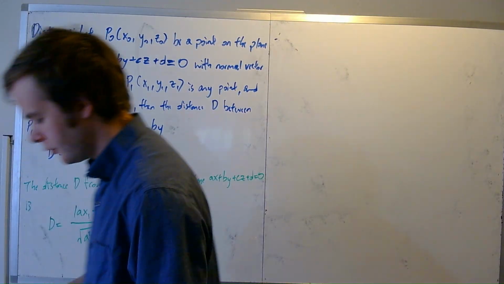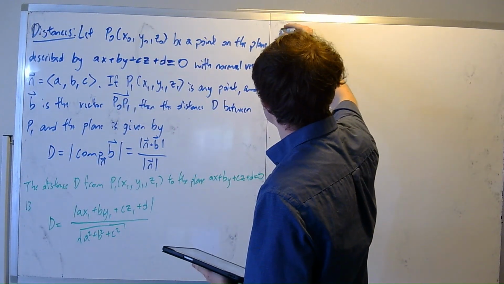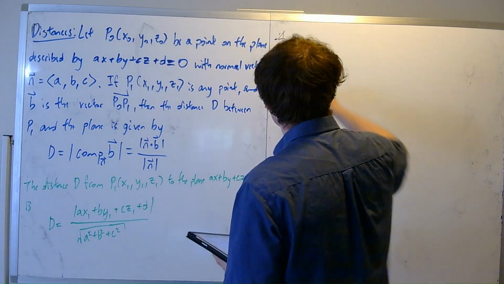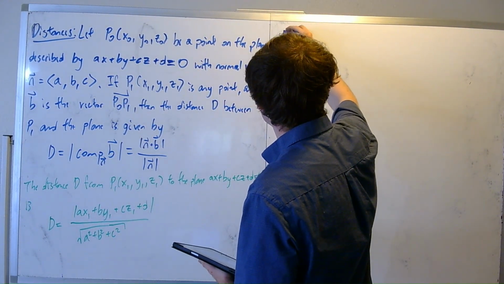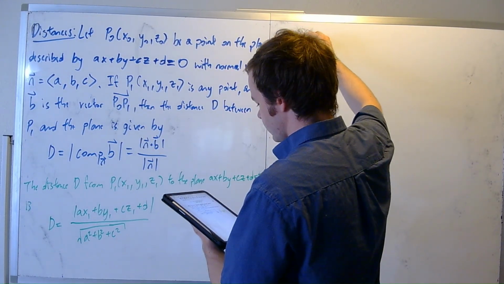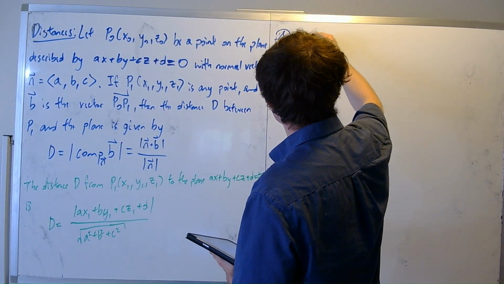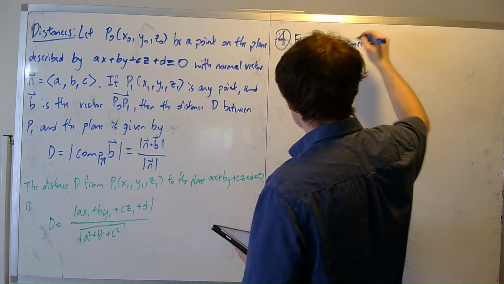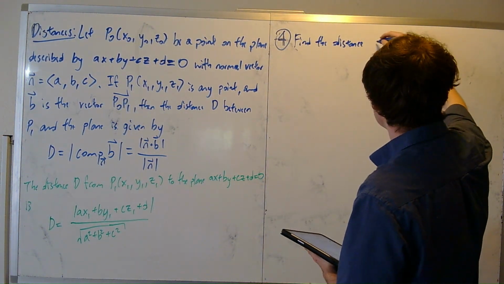Our last example is number 4. Again, that's that color. Number 4. We're just going to say find the distance between parallel planes.